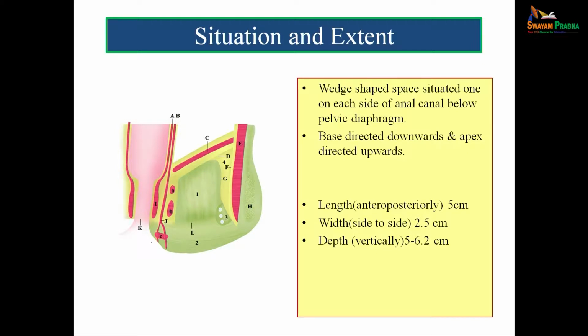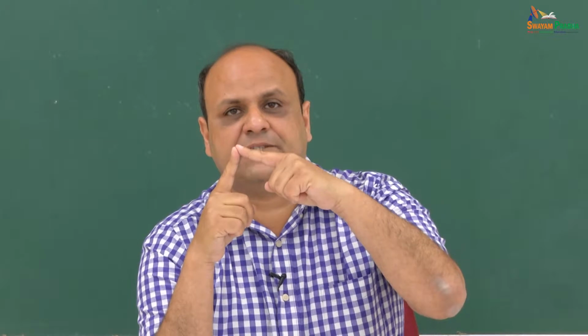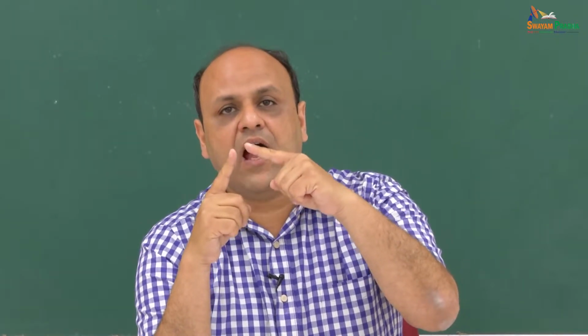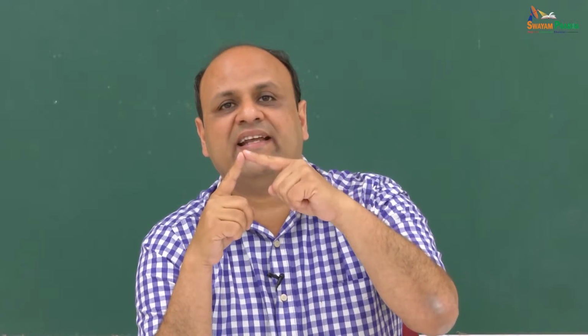So, there are two important muscles in relation to the ischioanal fossa. One is the levator ani and one is the obturator internus, marked by C and E in the figure. Where the inferior fascia of pelvic diaphragm, that is D, meets with the obturator fascia, which is marked by F in the figure, that point is the apex of the ischiorectal fossa, and above D is lying the levator ani muscle.